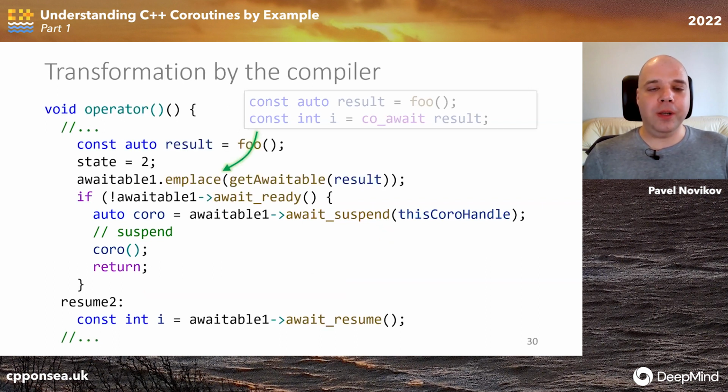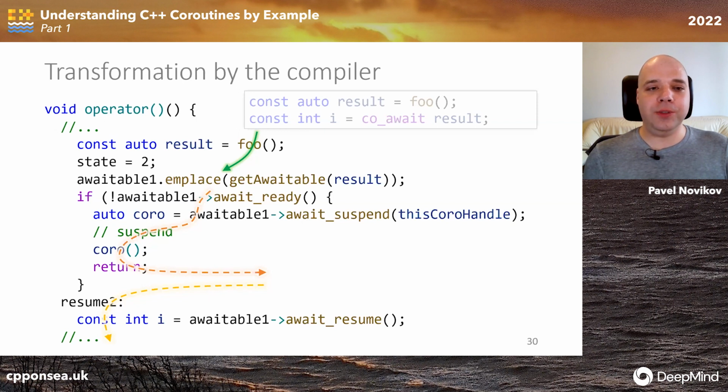And so when we get here, we again emplace the awaitable in the coroutine frame. We suspend the current coroutine and resume the coroutine that we get from await suspend, in case the result associated with the awaitable is not ready. At some point, this coroutine that is suspended is resumed.